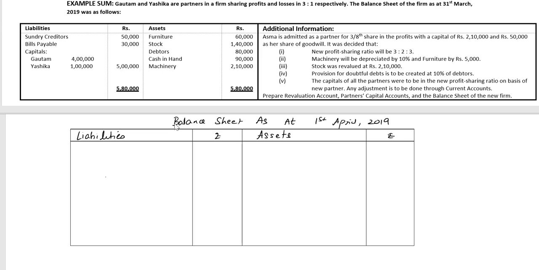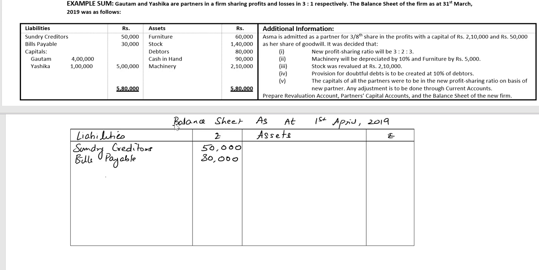We'll begin with the liability side items. First item, sundry creditors, 50,000 rupees, no change in value. Bills payable, 30,000 rupees, no change in value.